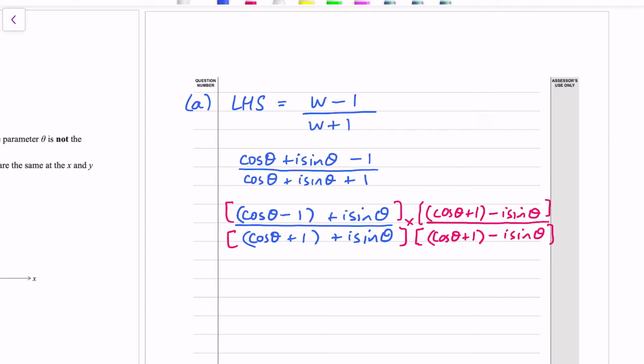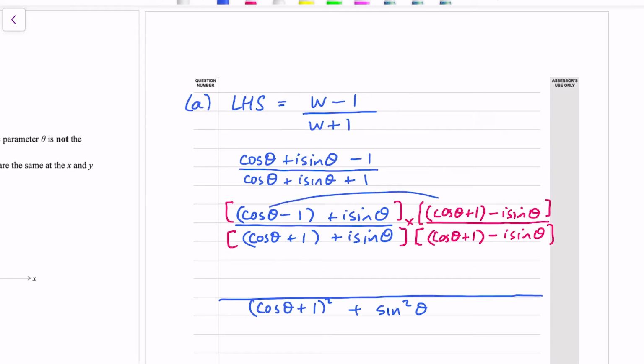The denominator first, the imaginary stuff should cancel, so we get the real part times the real part. Cos theta plus 1 all squared. And we get i sine theta times negative i sine theta, which is plus sine squared theta. Up the top there's four terms when we expand. The first one and the first one, so cos theta minus 1 and cos theta plus 1, that's going to give us a real number.